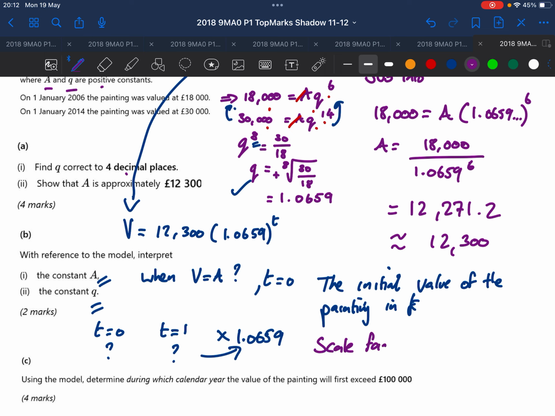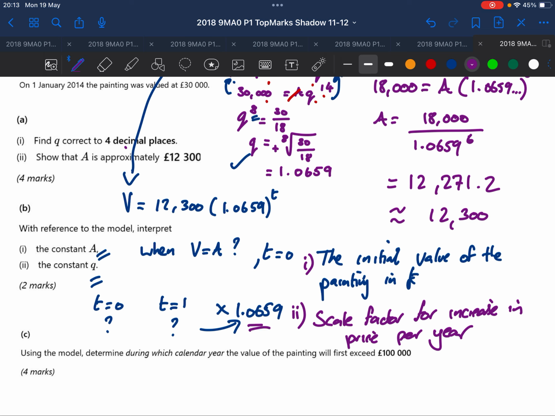So it's the scale factor for the increase in price per year. That's actually what it's doing. You could talk about multipliers, or you could say the painting goes up by 6.6% every year. Okay, there's lots of ways you could have written that.